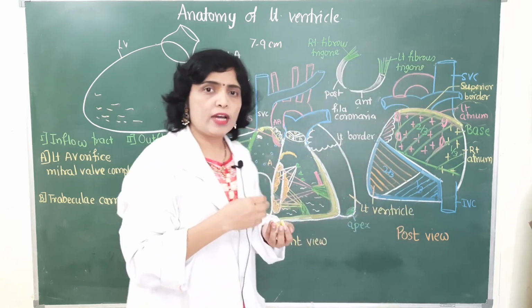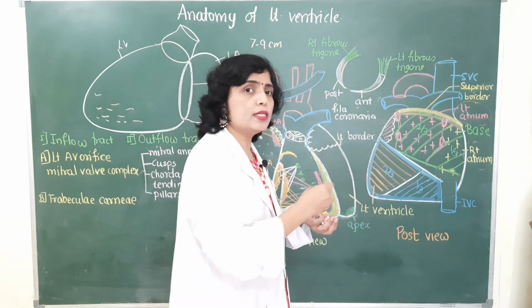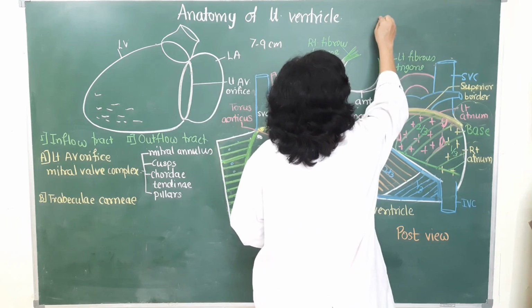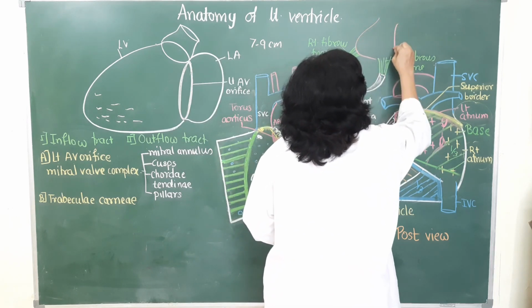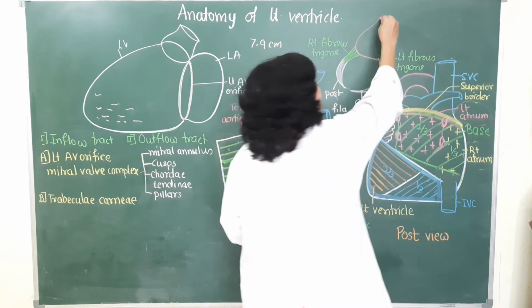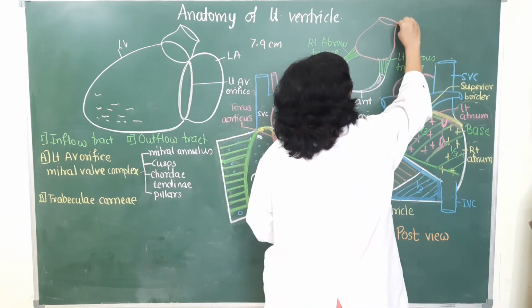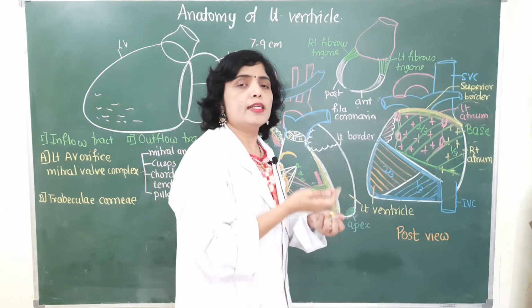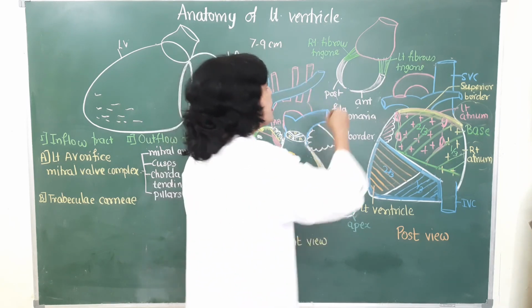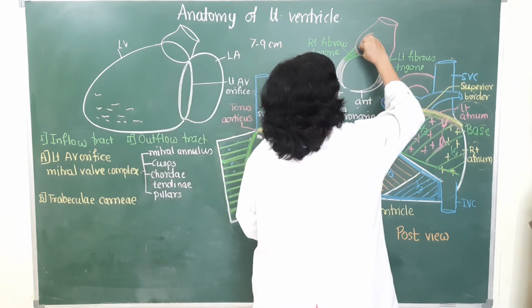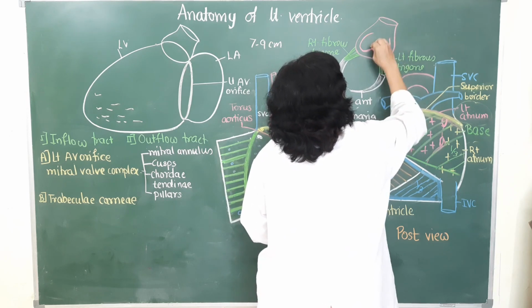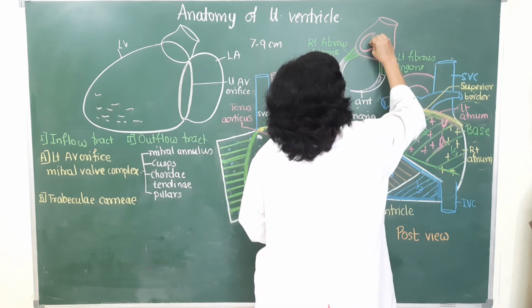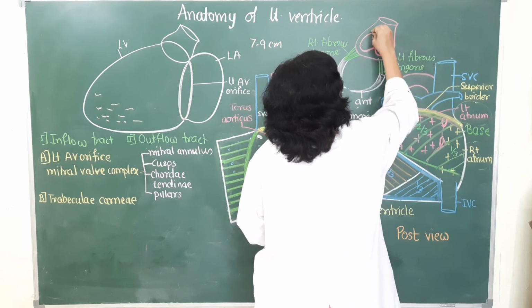These right and left fibrous trigones extend towards the aortic orifice. Suppose here if we draw, this is the aortic orifice. The aortic orifice is actually guarded by three aortic cusps, which are attached to three aortic scallops, which are concave upwards.